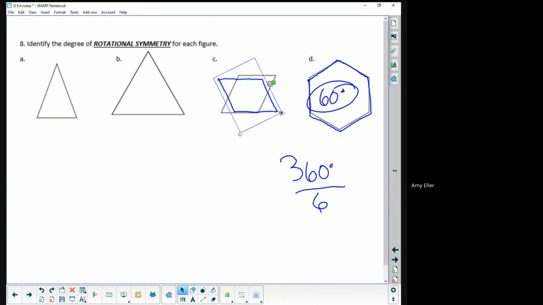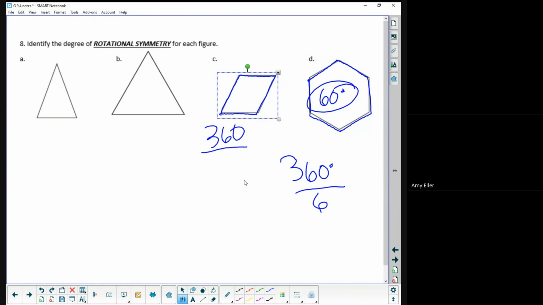Not good. Is this good? Not good, not good. That works. So that's 1, 2. 360 for the full circle, there were 2 times at which it overlapped, so 180 degrees. I didn't divide by 4 because it has 4 sides. It has nothing to do with the number of sides.